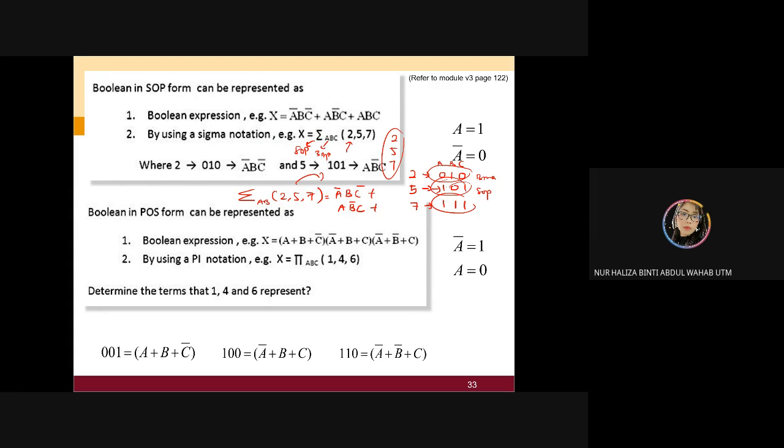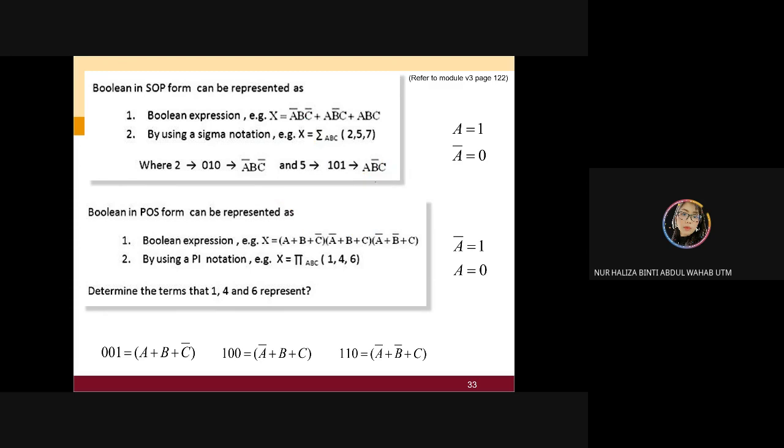And then for 7, A is 1, B is 1, C is 1, so it will be A, B, C. So you can convert from sigma to Boolean expression. If you were given a Boolean expression, you can also convert to sigma notation. That is for your SOP.